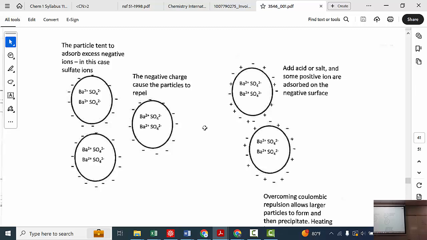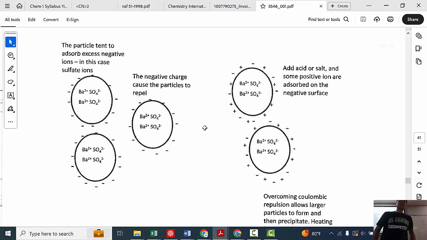And if they build up the same surface charge, that is, let's say we got anions stuck on the outside here, those are more prominent. Then these like charges repel, and so it keeps the particles apart. By heating this up, we can force them to collide. And when they are forced to collide, then the positives can better interact with the negatives and cause these particles to stick together. And that's the coagulation process.